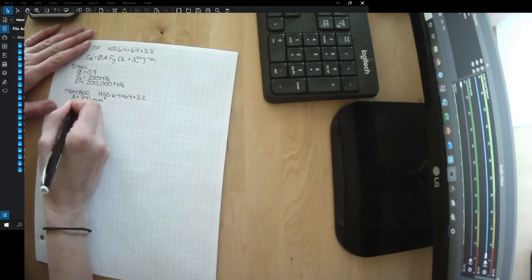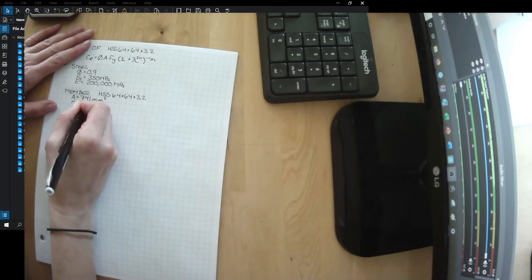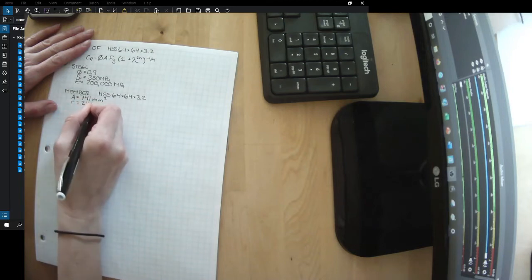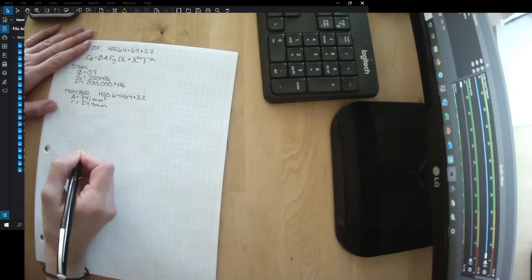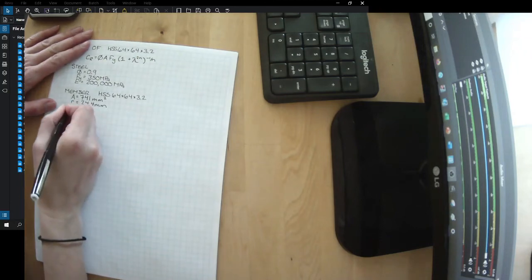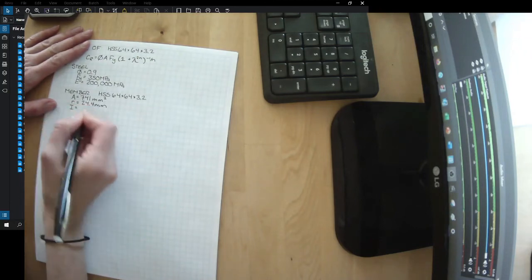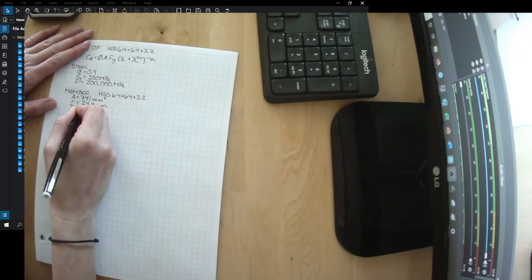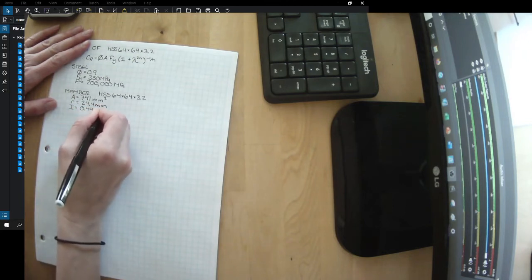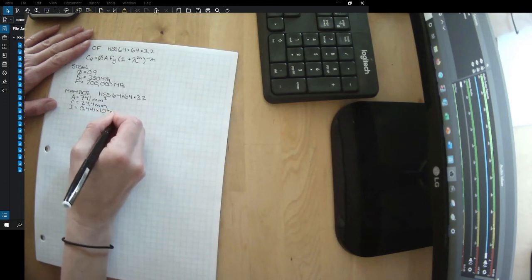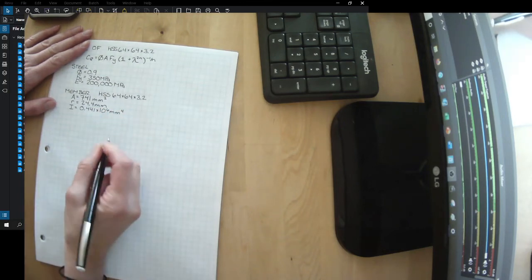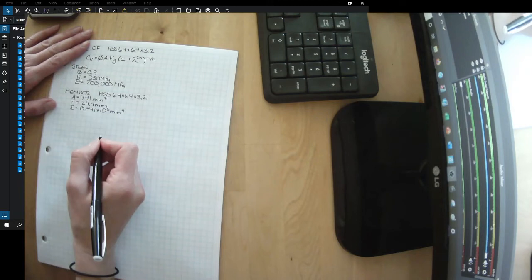We looked up R, and it was 24.4 millimeters. I, or our moment of inertia, was 0.441 times 10 to the 6 millimeters to the 4. Yeah, crazy number, I know.